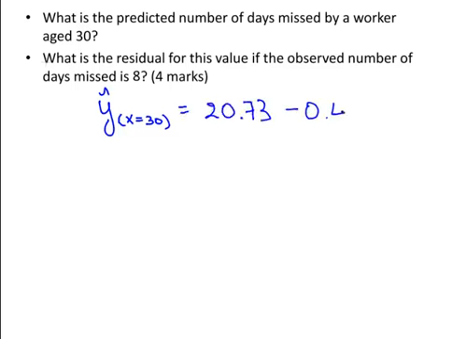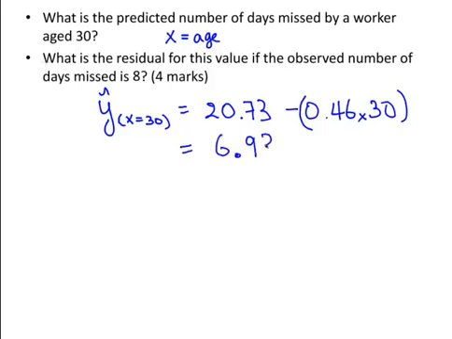Here we're letting x equal 30, so that's times 30. Again, x here is the age variable, and here it is age 30. So let's work that out. We would get an answer of 6.93 to two decimal places. So that is the predicted value of y when x is 30, 6.93.